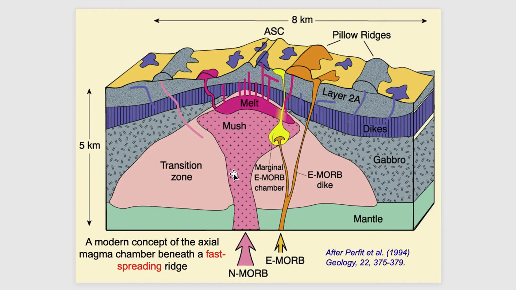But this magmatic chamber is represented by a mush, which is a mixture of magma and crystals, and also you have a pocket of melt which is much more reduced in scale. So rather than having a melt that is distributed widely, we have a situation in which the melt is concentrated at the top of the mush.